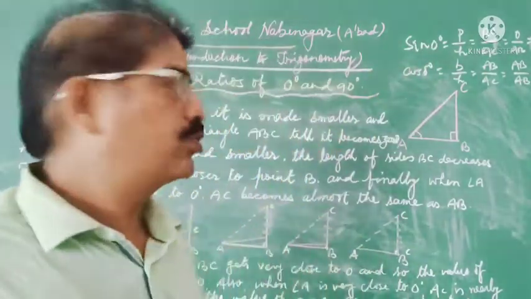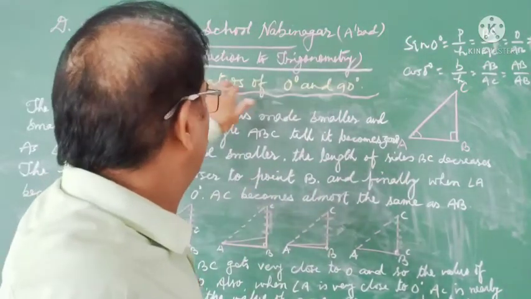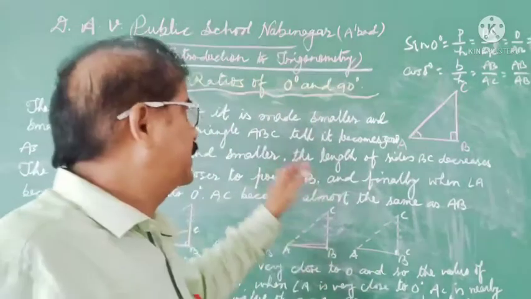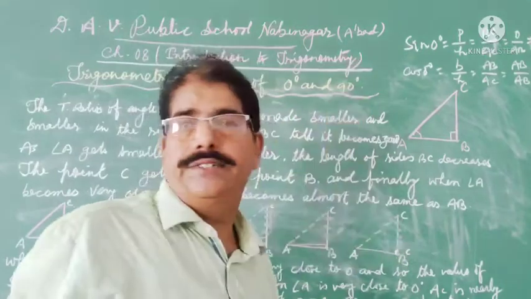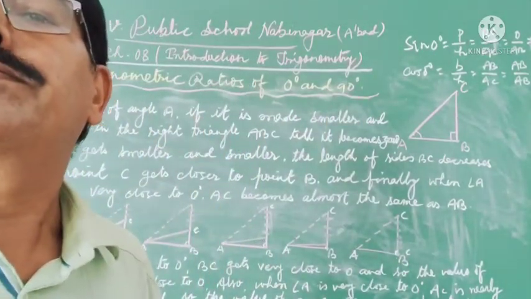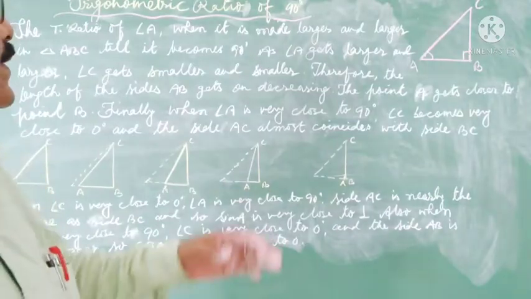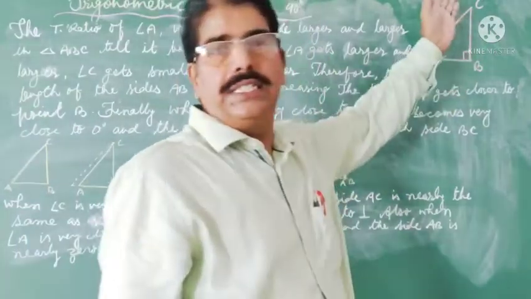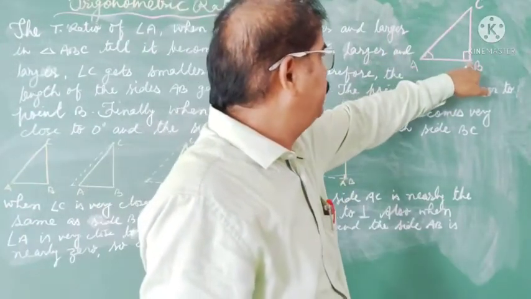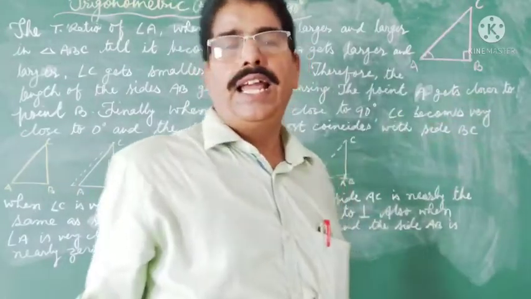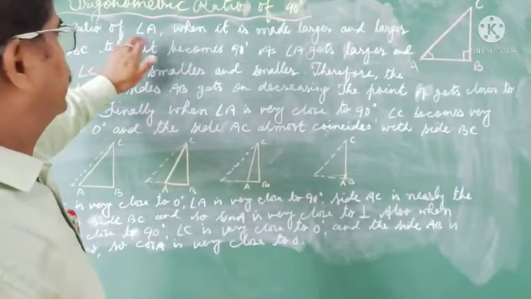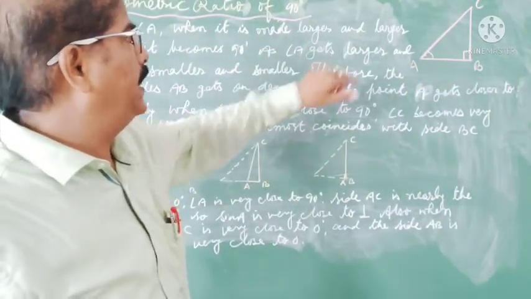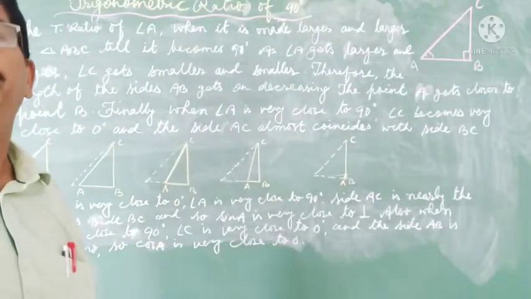And similarly you solve finding T ratios of 90 degree. So let us see angle 90 degree. Dear students, T ratios of 90 degree. In ABC, right angle at B, 90 degree, and A and C are acute angles. Dear students, consider the T ratios of angle A when it is made larger and larger in triangle ABC.